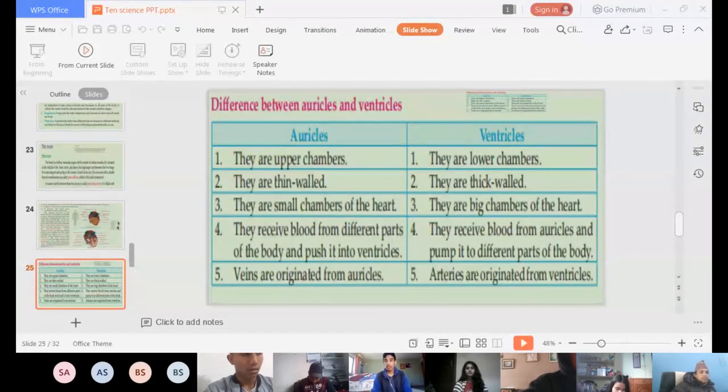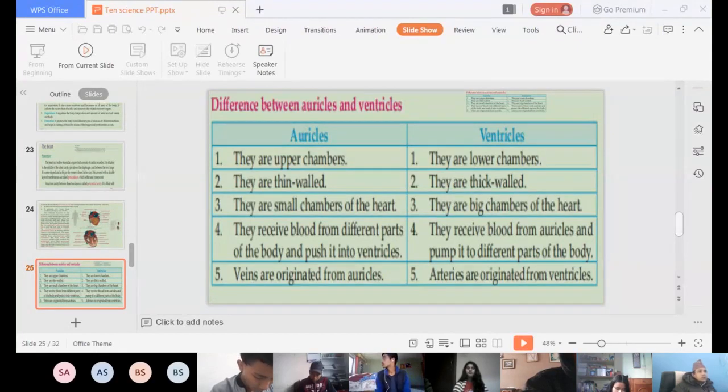Different parts send the blood to the heart, which is collected in the auricles. From the auricles, the blood goes to the ventricles. Again, from the ventricle, it is transported to different parts of the body. So that is the difference between auricles and ventricles.